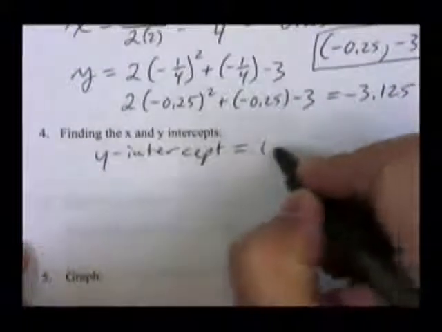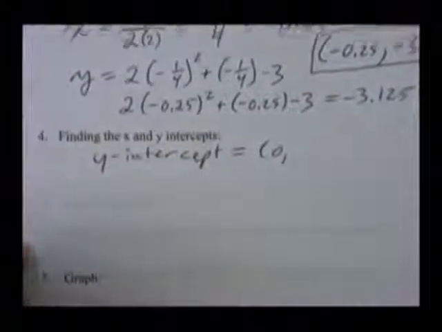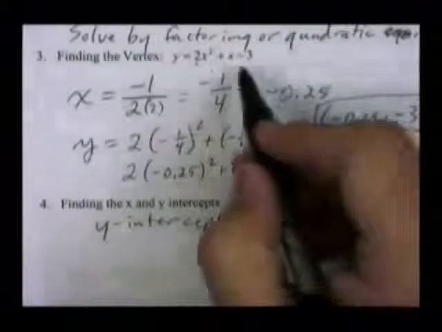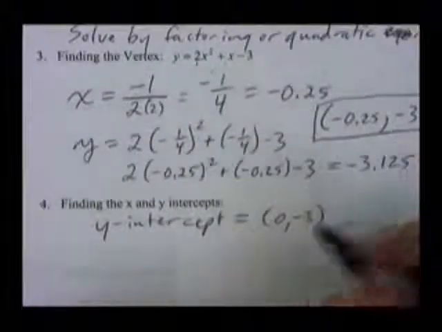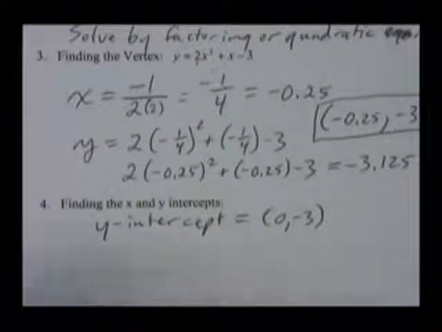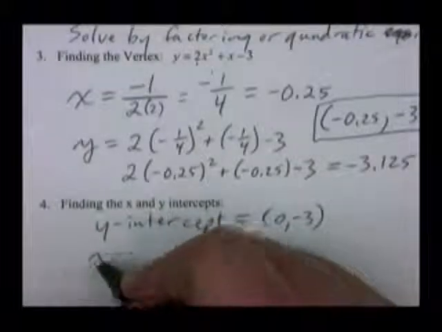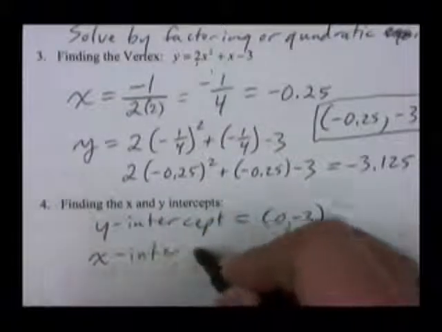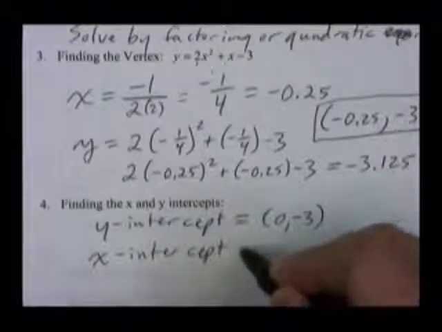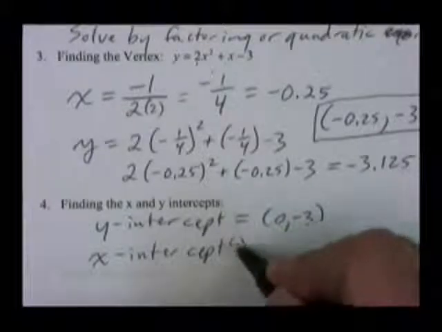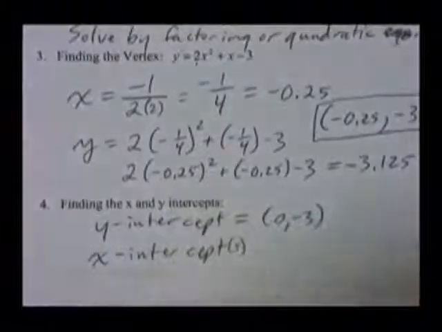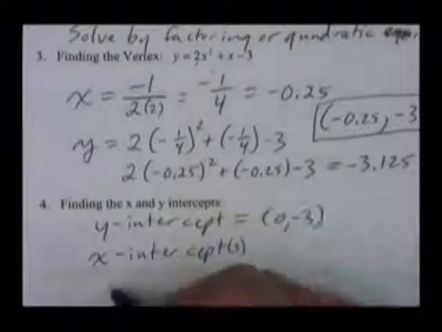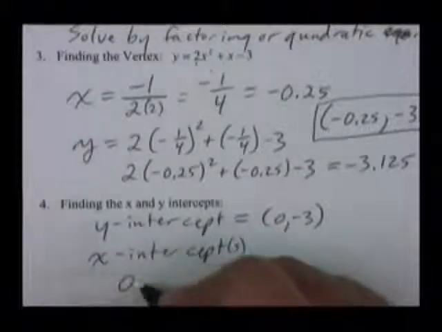So my y-intercept is (0, negative 3), since my c value for this equation is negative 3. Now I want to find my x-intercept. It could be 1 intercept, could be 2 intercepts, could be 0 intercepts. And what I'm going to do for that is set this equal to 0.